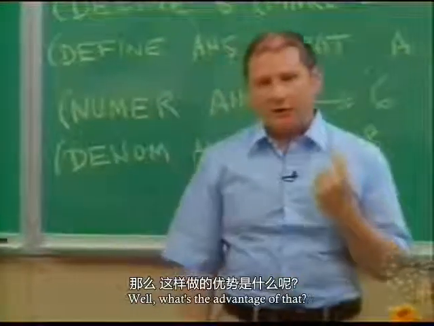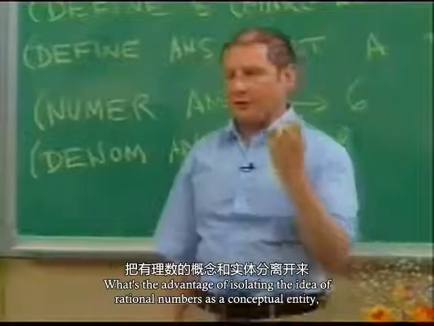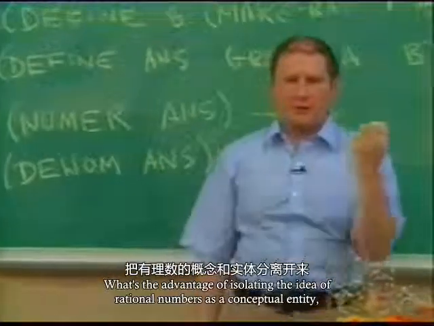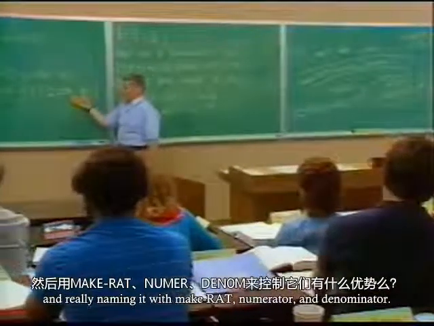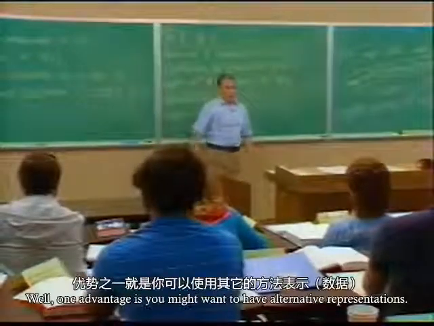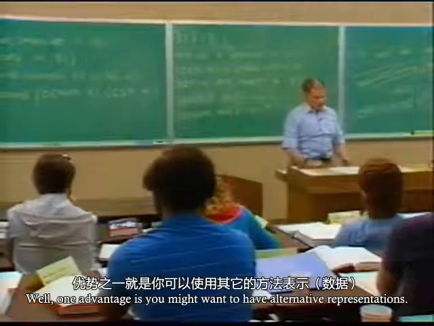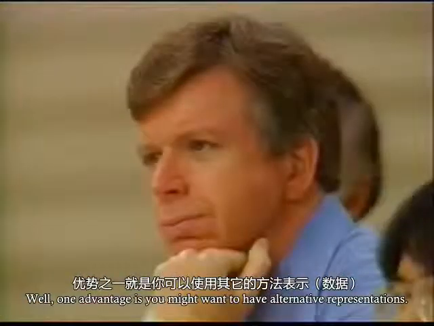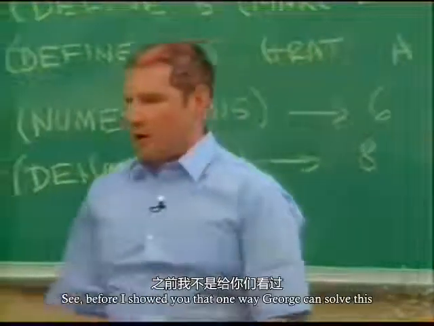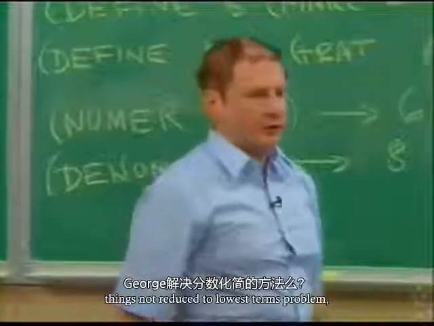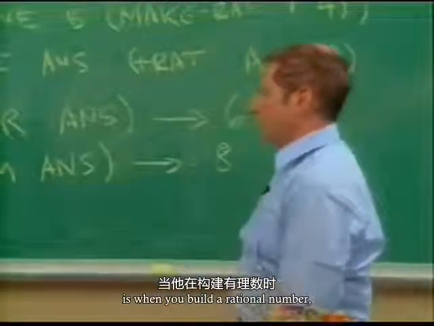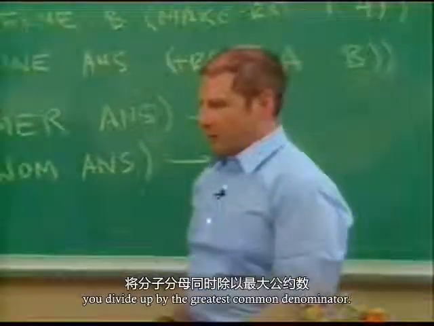Well, what's the advantage of that? What's the advantage of isolating the idea of rational number as a conceptual entity and really naming it with make-rat, numerator, and denominator? Well, one advantage is you might want to have alternative representations. Before I showed you that one way George could solve this not-reduced-to-lowest-terms problem is when you build a rational number, you divide out by the greatest common divisor.